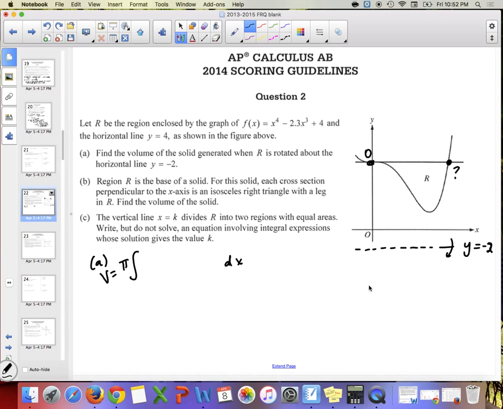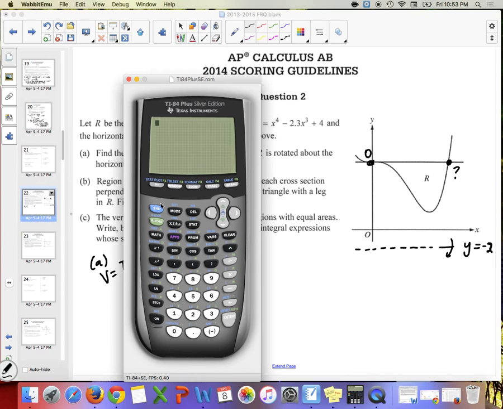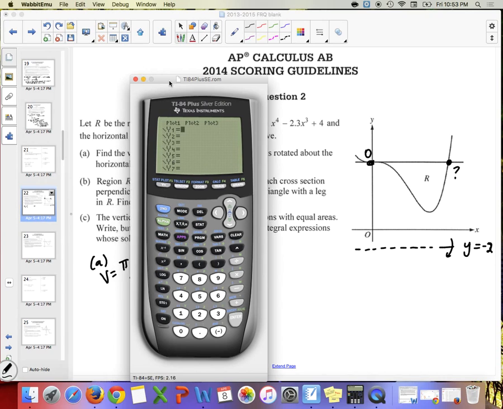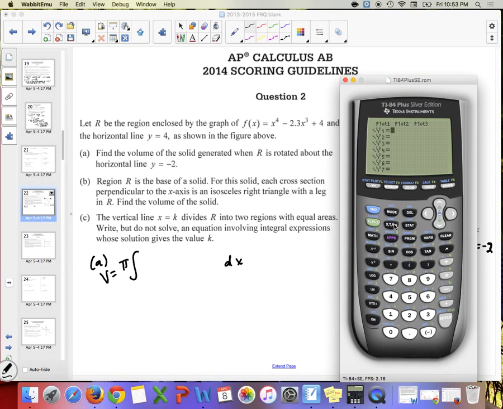Okay, so I went ahead and put these into my calculator. I've got to put it back in. All right, so I'm going to have x to the fourth minus 2.3x cubed plus 4, and then my line y equals 4, and I'm finding where they're crossing.